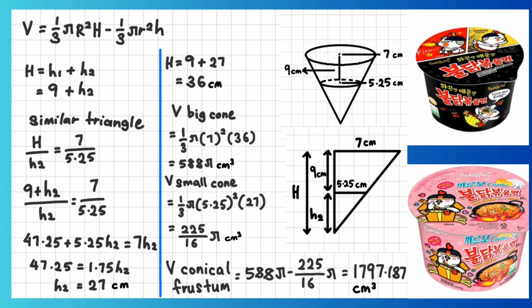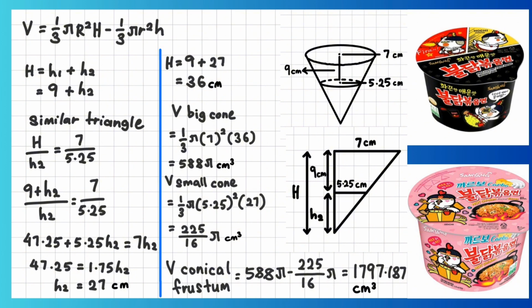After we get the height for the big cone and the small cone, we can insert the values into the formula to find the volume for the big cone, which is 1 divided by 3 times pi times radius squared times height.